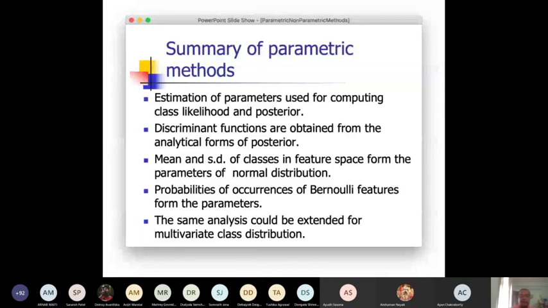Also, you can convert this computation into the computation of discriminant functions.